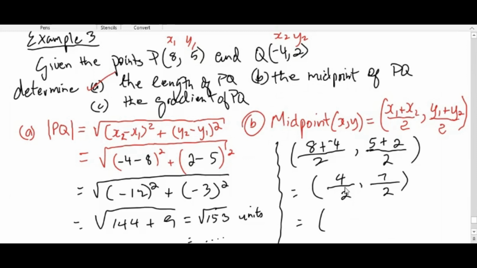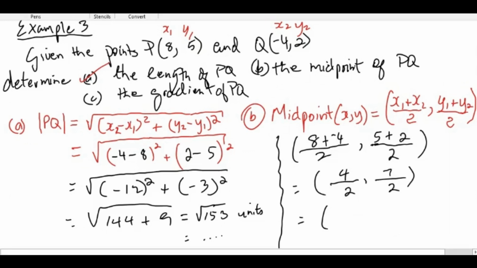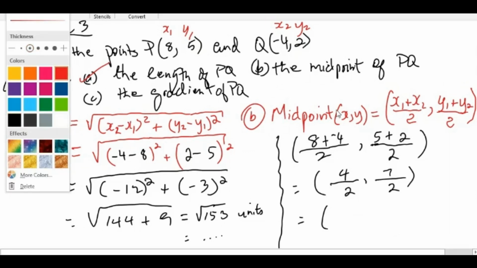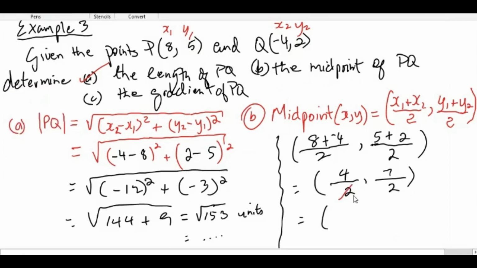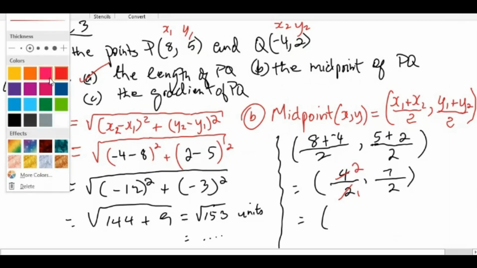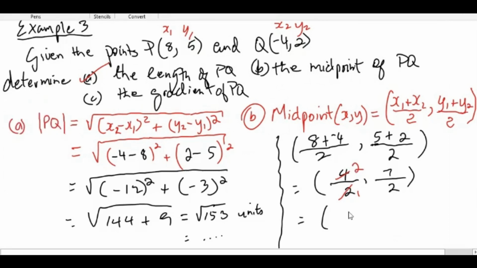All right, you're not sure, and so you don't want to respond and get it wrong. But in mathematics, it's okay to be wrong, and so you learn from that. Don't be afraid to get things wrong. This will be 2, and 2 goes into 7 three times, 3.5.